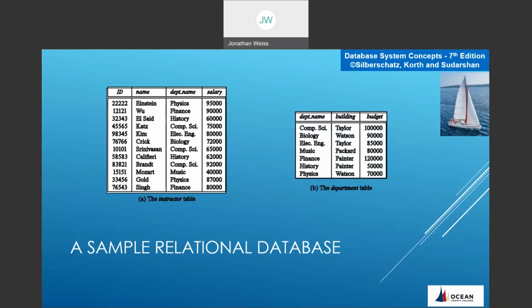Easier to read? Yeah, that's certainly one reason. Notice we have multiple entries for computer science here. For those entries, we would be repeating Taylor building and a $100,000 budget on each of those rows.